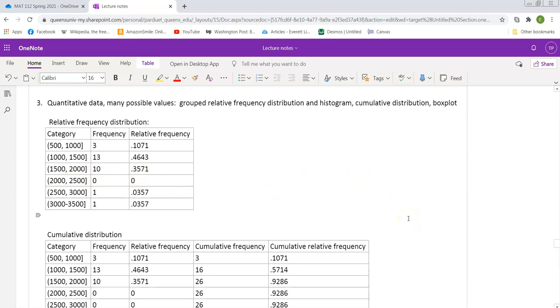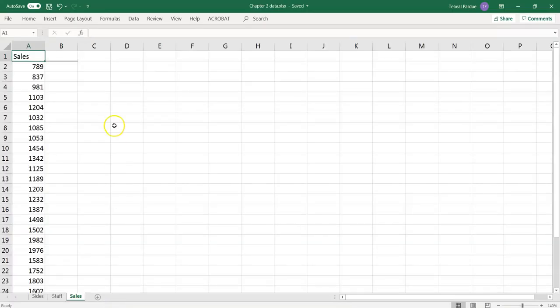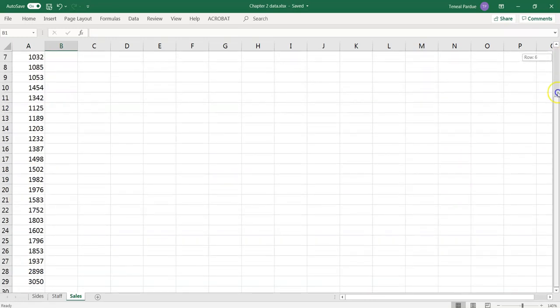Because the whole point here is to see where things are laid out, and if there's a gap, we want to see that. I'm not sure I mentioned this was sales. This was the amount of sales in some business on a given day, and we've got 28 days of sales.